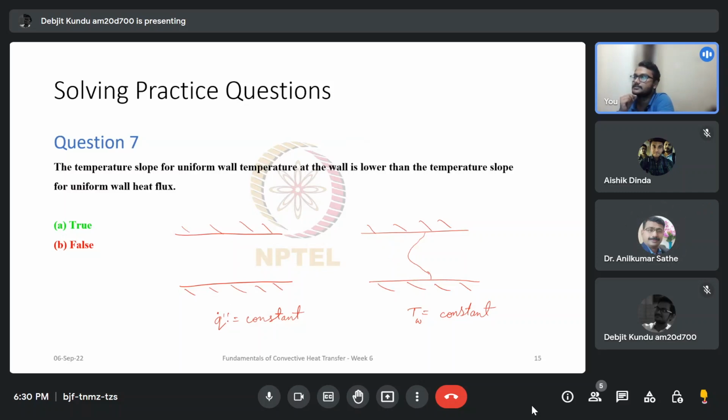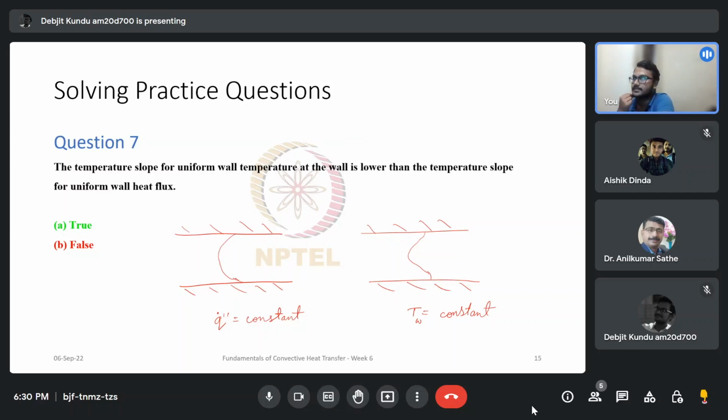But in this case, where there is a q double dot prime equal to constant, the temperature profile would actually have a slope which is proportional to this rate of heat transfer. And similarly, we would have a valley in between, where a minima would reside.